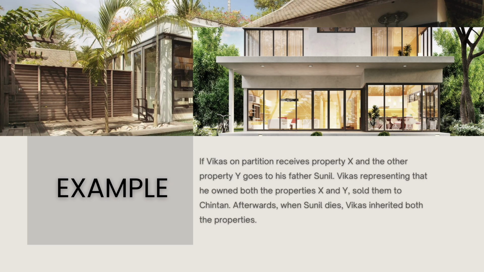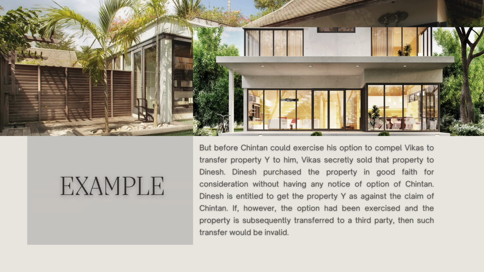For instance, if Vikas on partition receives property X and the other property Y goes to his father Sunil, Vikas, representing that he owned both properties X and Y, sold them to Chintan. Afterwards, when Sunil dies, Vikas inherited both the properties. But before Chintan could exercise his option to compel Vikas to transfer property Y to him, Vikas secretly sold that property to Dinesh.